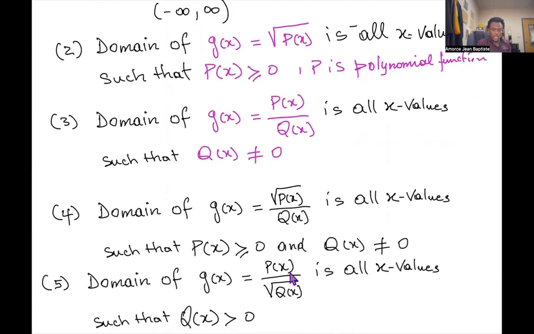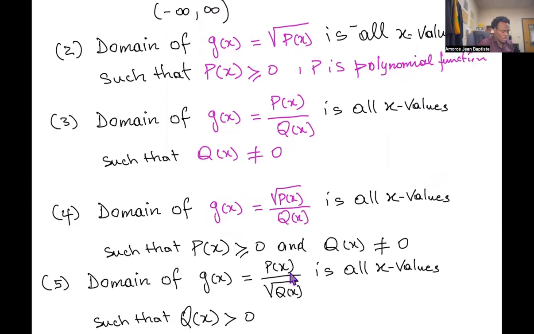Here's another situation. g of x equals the square root of p of x over q of x. Well, for this one, you need two conditions because you have something inside of the radical that you want to be always positive, and then you have something in the denominator that you want to be different from zero.